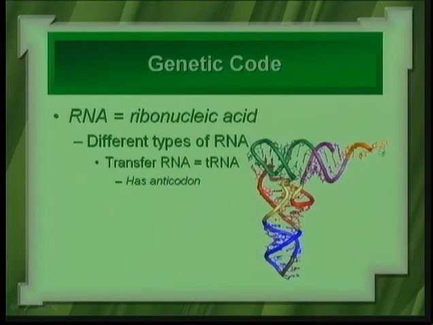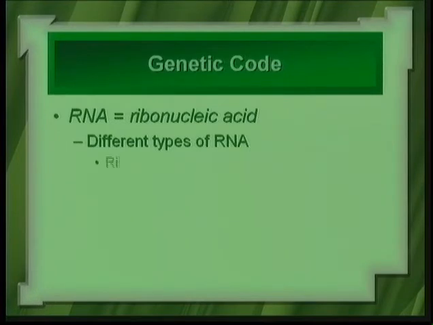On one side of the transfer RNA, you have a binding site for an amino acid. Each kind of transfer RNA will only have one type of amino acid on that side. On the other side of the transfer RNA, you have something called an anticodon. It's going to be complementary to the codon, and the codon is on the messenger RNA. We're going to get into that in a little bit.